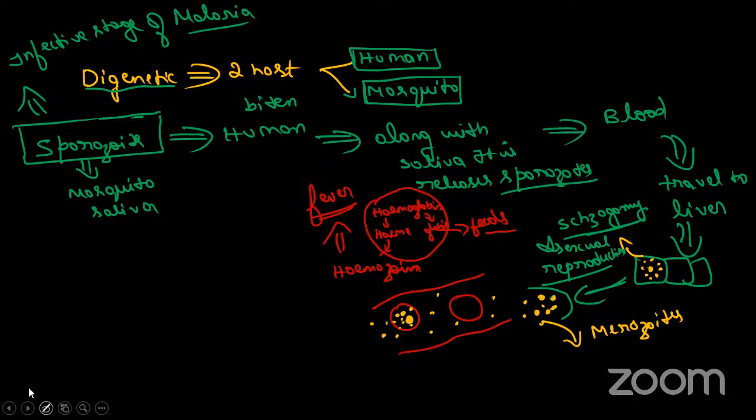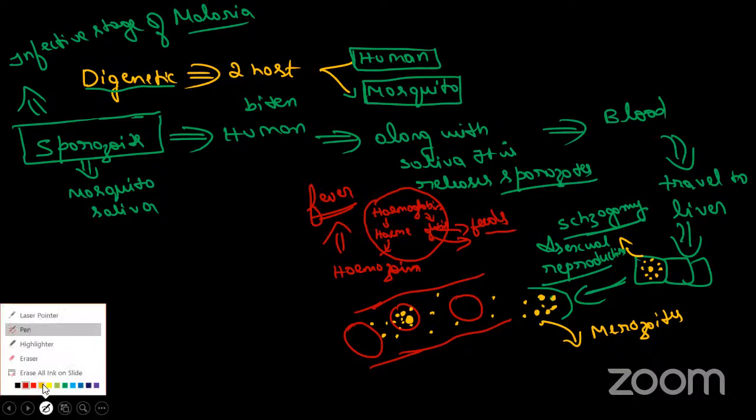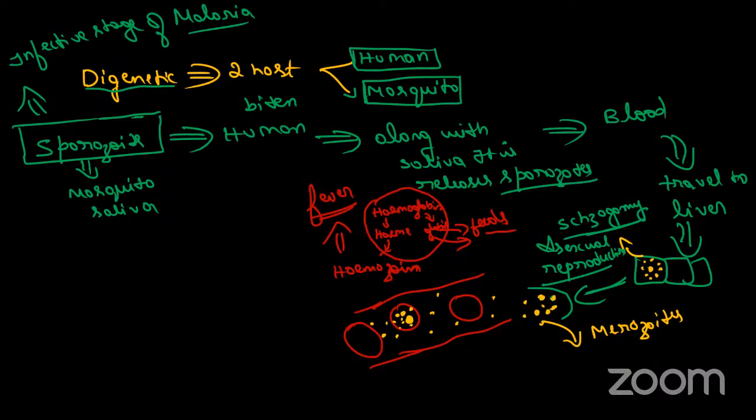This stage, where it feeds on the RBC or hemoglobin, we will call the trophozoite stage. What is the trophozoite stage? The feeding on the RBC we call the trophozoite stage.